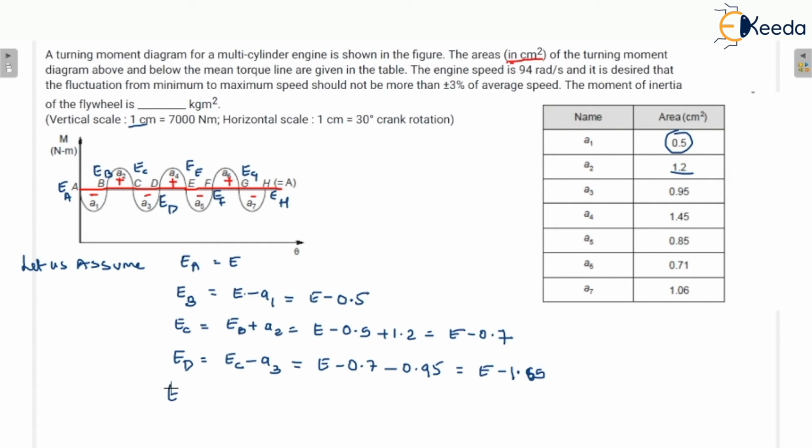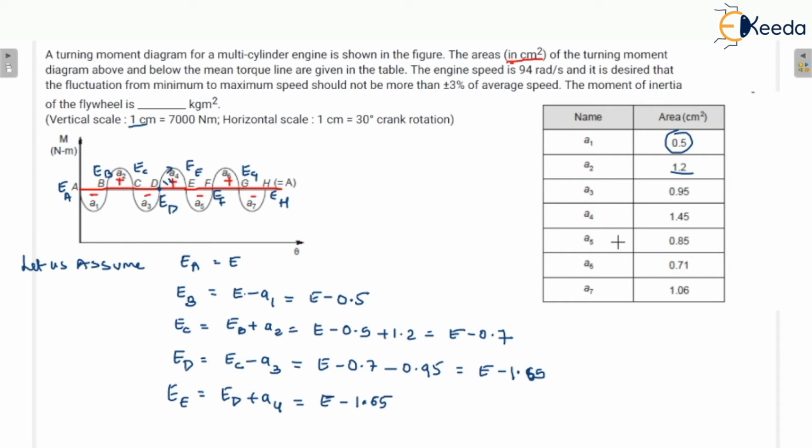Okay. Similarly, we can find out EE. That is nothing but ED. In the graph you can see this is ED, and then we go to the positive area, that is plus A4. So ED is E minus 1.65 plus A4.